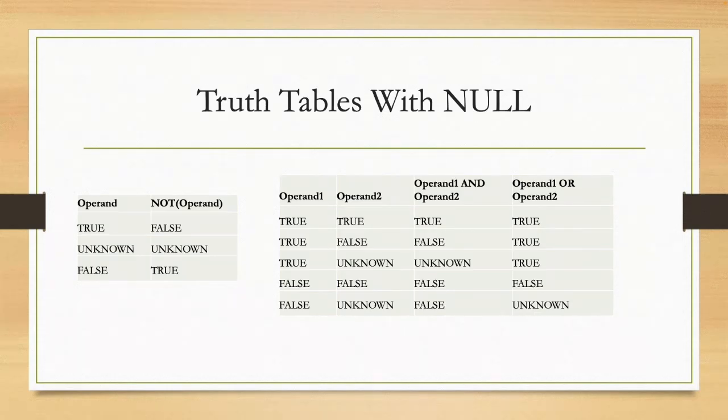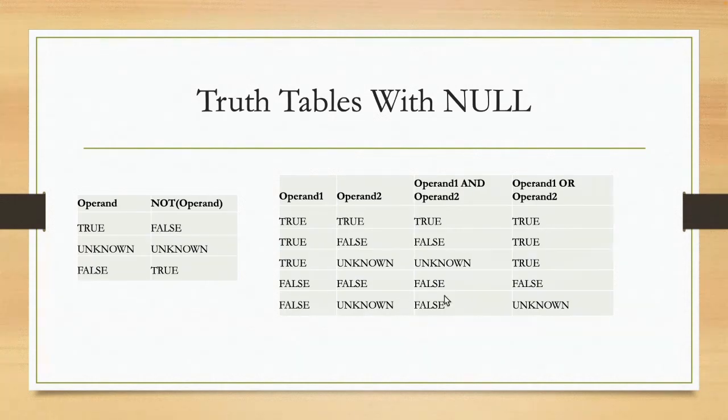Well, now this is where it gets interesting. True and unknown is unknown. Unknown is, again, not true. Usually in a query, that's going to cause you to not return the row. But true or unknown is true. So that's where I was saying a second ago, where in the in clause, you might have other ors that allow that.